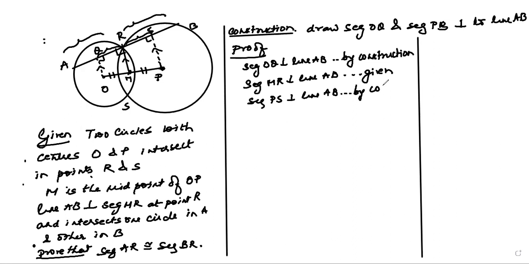So now listen, all the three are perpendicular to the same line. Therefore, segment OQ parallel to segment MR parallel to segment PS, since they are perpendicular to the same line.